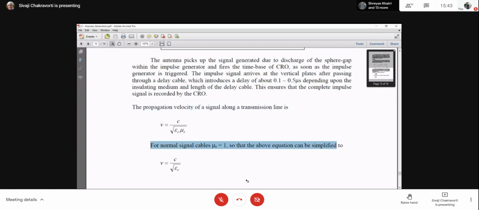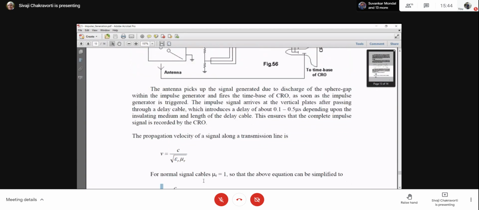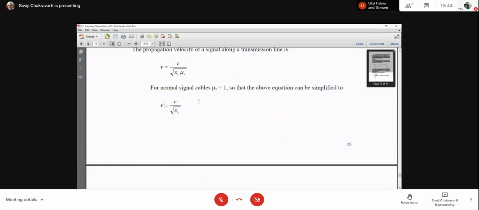For normal signal cables, mu r is 1. So this equation becomes only c by square root of epsilon r. If epsilon r of that cable's insulating material is 4, then the speed of the signal through this cable becomes c by 2.